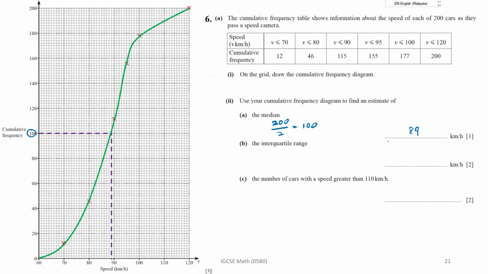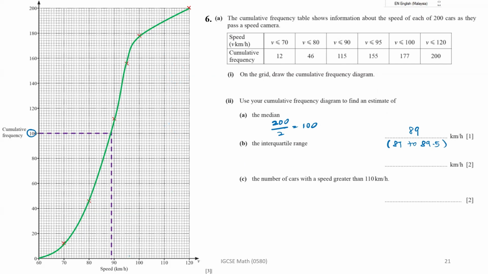Based on your graph, you may get a different answer from mine, but your answer should be between 87 and 89.5. If you cannot get this answer, that means your curve is not smooth, so you may want to draw it again.